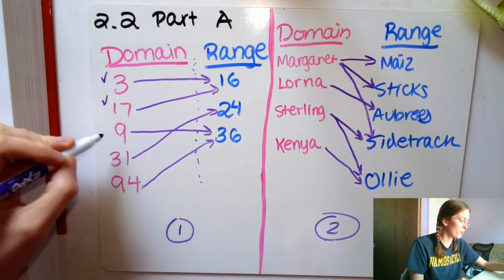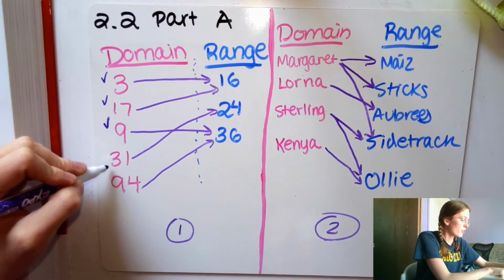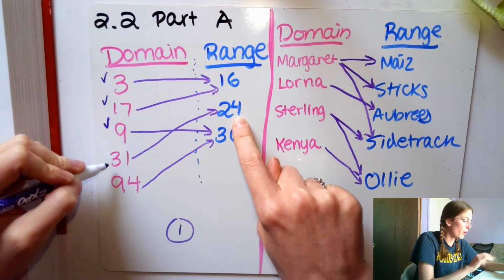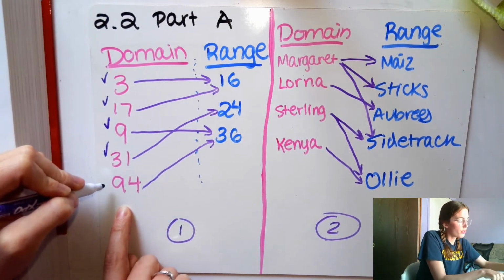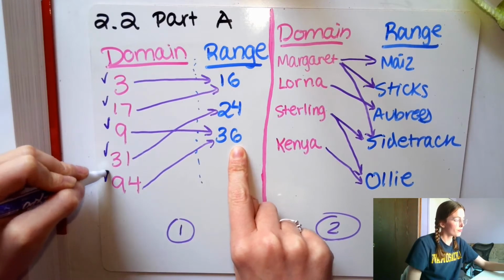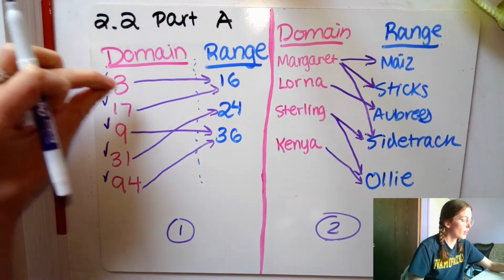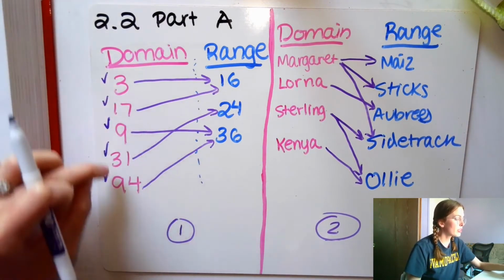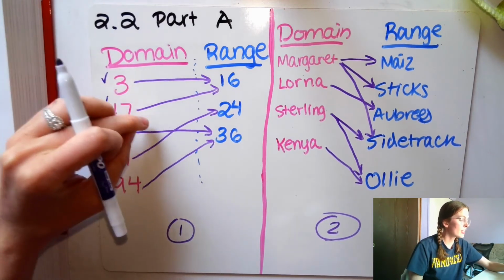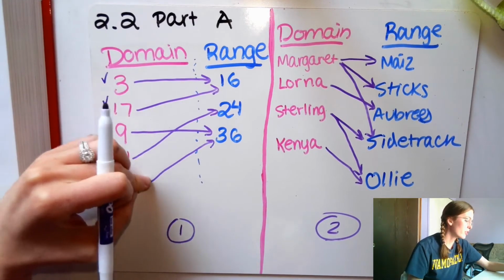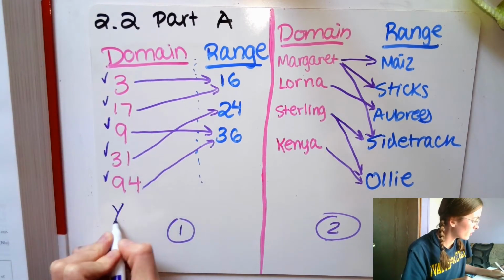Great, only one output. 31, we've got 24, only one output. And for 94, we've got 36, only one output. So what's important is that none of these inputs have two possible outputs. Each one has exactly one output. So yes, this is a function.